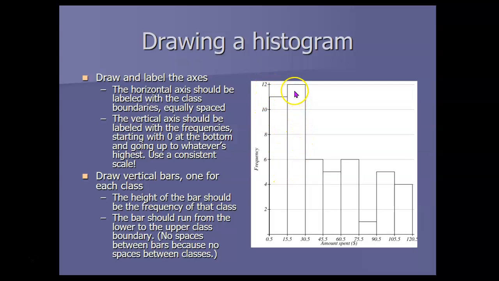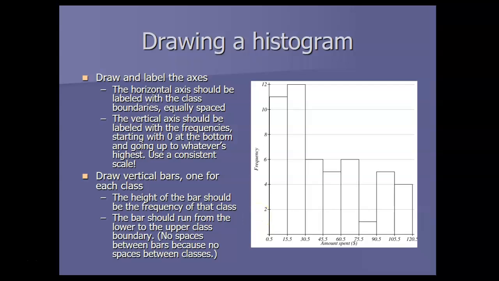In this example, the highest frequency of any of the classes was 12, so we need to have enough room to go all the way up to 12 here. And we need to use a consistent scale. That means there should be the same amount of space, same number of lines or squares on the graph paper, going from 0 to 1 as there is from 1 to 2, and 2 to 3, and 3 to 4, and so on.